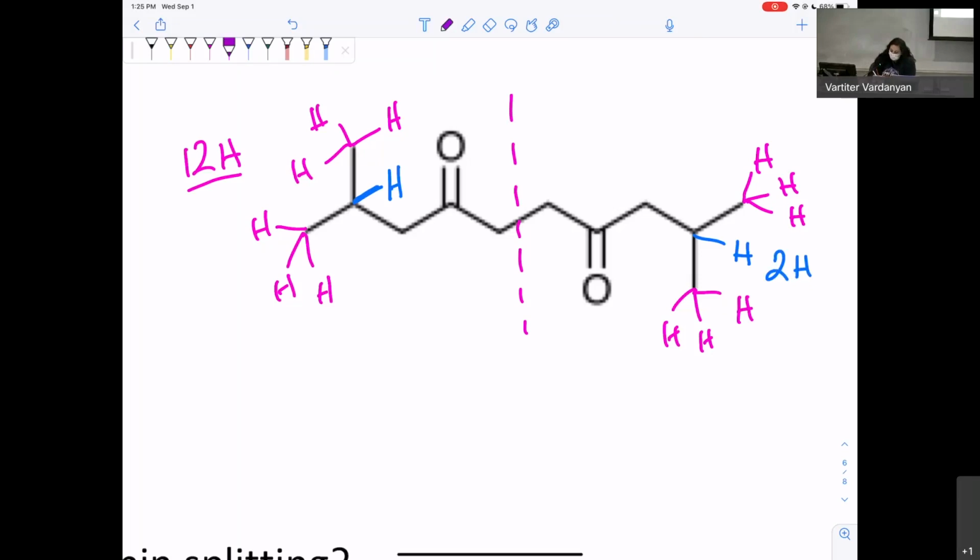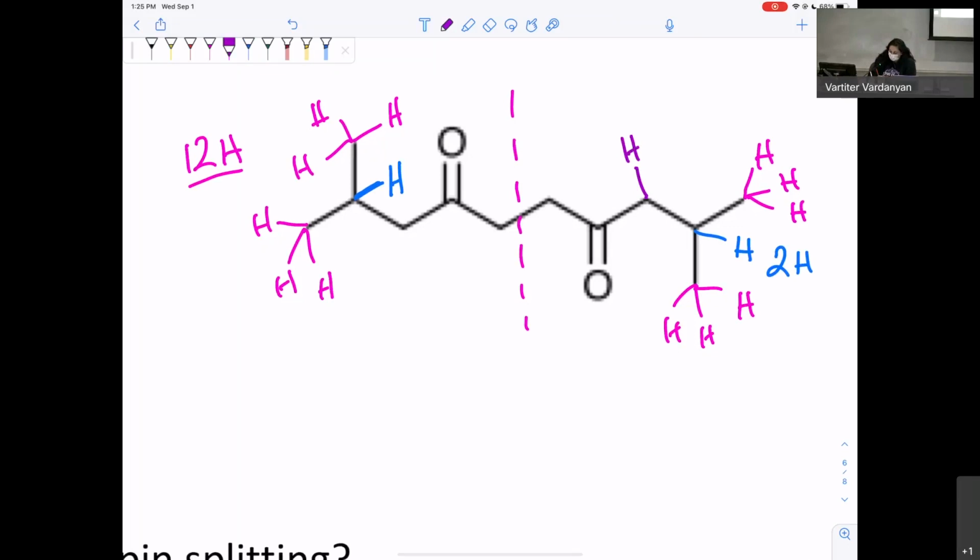Okay, next up, purple might be too similar, but you guys will tell me if it is. Okay, what's special about this position? It's a potential chiral center. Cool. So when we see potential chiral centers, what are we thinking about?